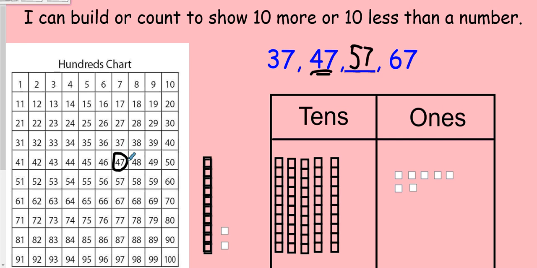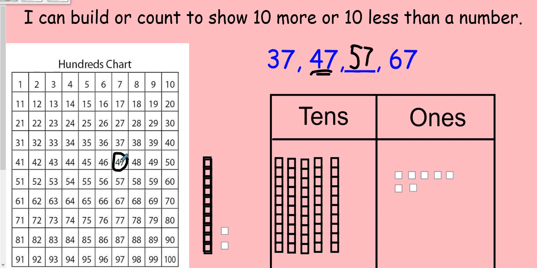If we were going to think 10 more than 47, would I go this way to think 10 more, where my tens place is getting smaller? Or would I go down on my hundreds chart where my tens place is getting bigger? I would go down. So I can skip count by tens going down.